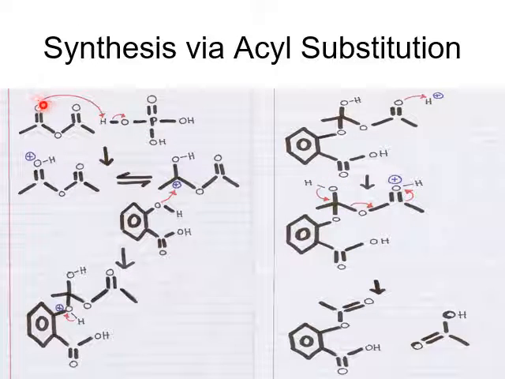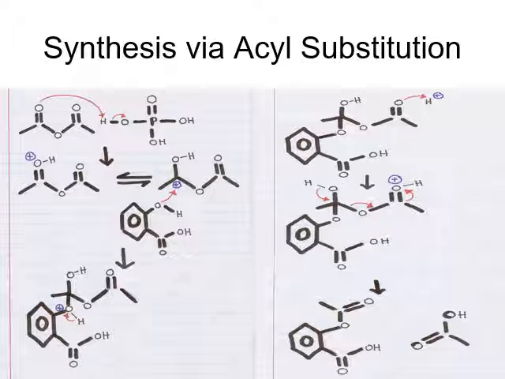Instead of the oxygen grabbing this hydrogen, this proton, the electrons from the OH bond come down here and make the ketone. This bond remains with the other ketone, or well, with the ester, forming carboxylic acid, and this remains an ester, and that's how you get aspirin.